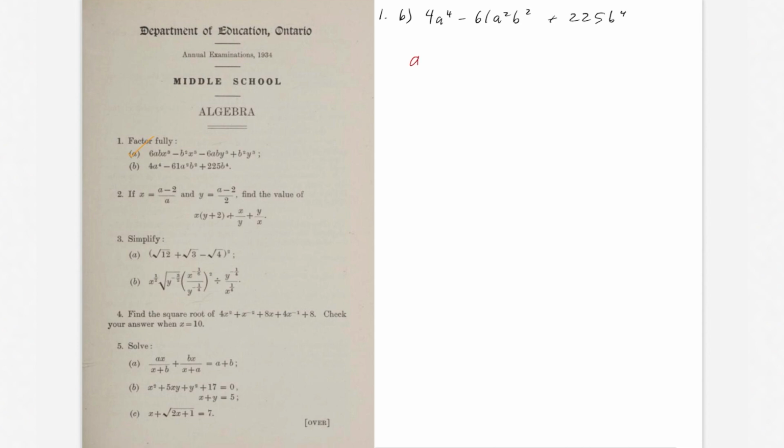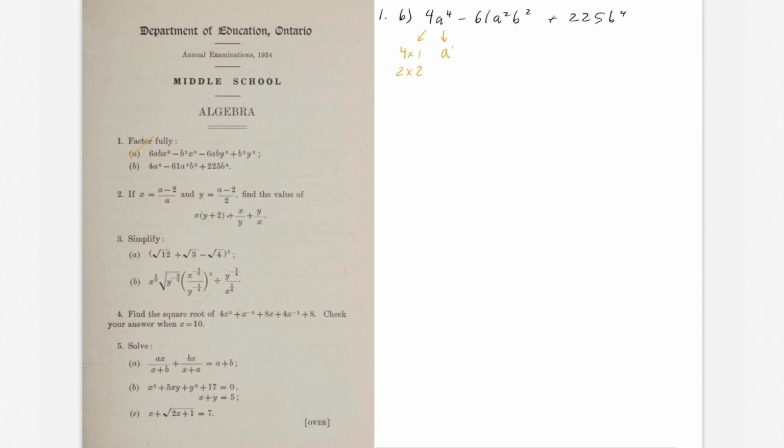I know it doesn't obviously look like it's in the form ax squared plus bx plus c, but we can factor this as if it was a quadratic equation. The first thing I had to think about was what two numbers will multiply to get the coefficient 4. We have 4 times 1, and we have 2 times 2.